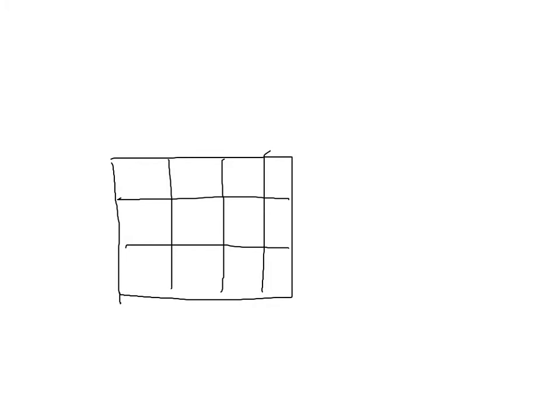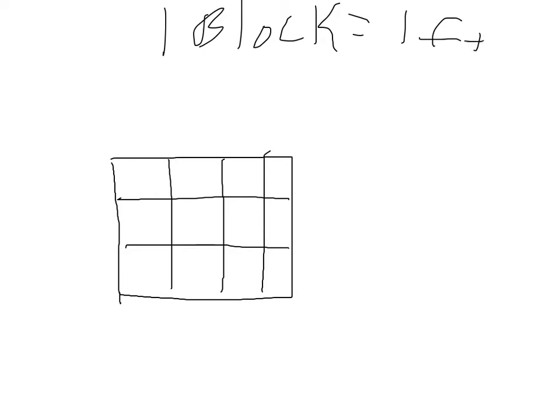So let's figure out first off how we could measure the area of this since it's broken down for us already. One way would be to simply count all of the blocks inside. Let's say one block is equal to 1 foot. Each block is 1 foot across and 1 foot down, so that each block is even. So now let's count them, and I'm going to turn it to blue so you can see as I touch each one.